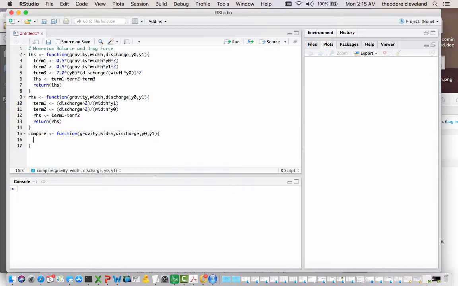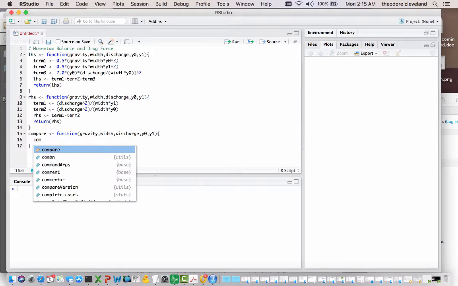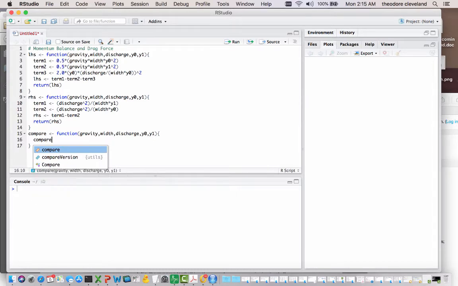Okay, the comparison produces the right-hand side minus the left-hand side. Not very exciting.